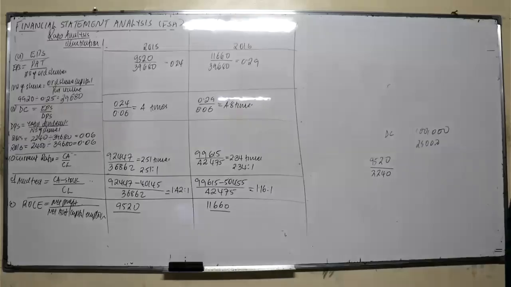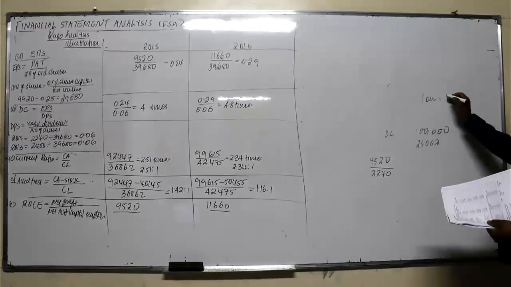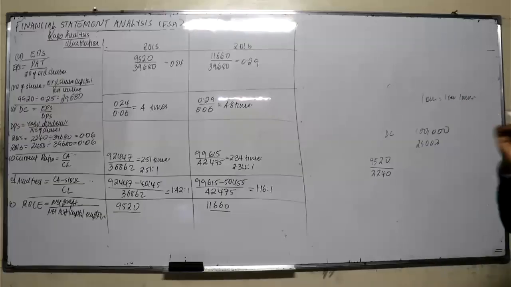This is how they have gotten their net assets. They have taken the total asset minus total liability, including the long-term liability. Sometimes it's also allowed to do that, but not in financial reporting, in financial management, whereby you may have a loan that is due in 1 year, 1 month.